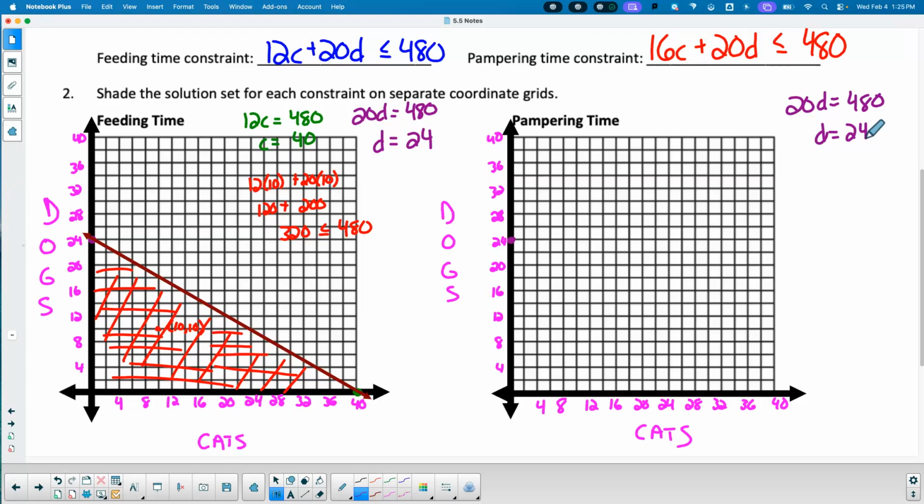Okay, what's my cat intercept then on this one? $30. Solid or dashed line there? Solid.